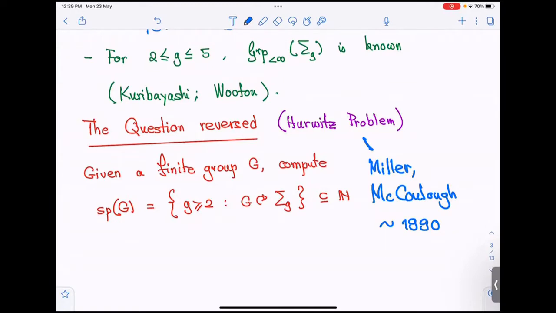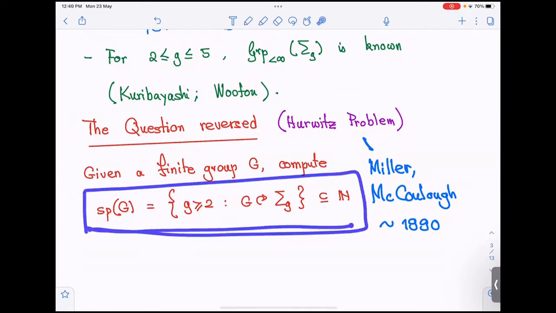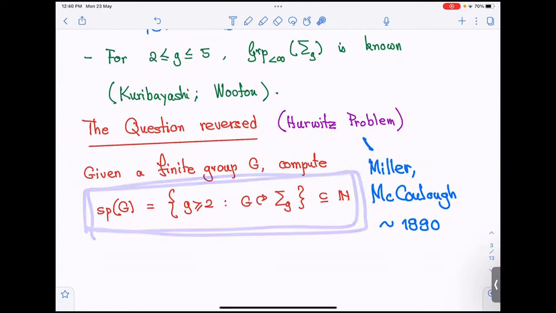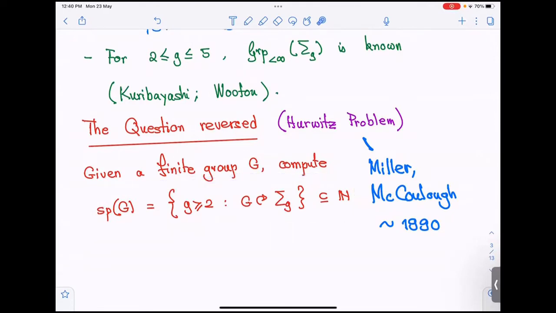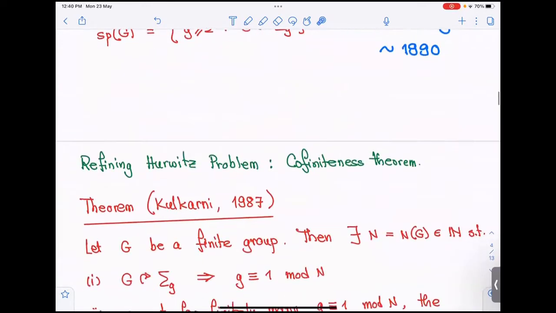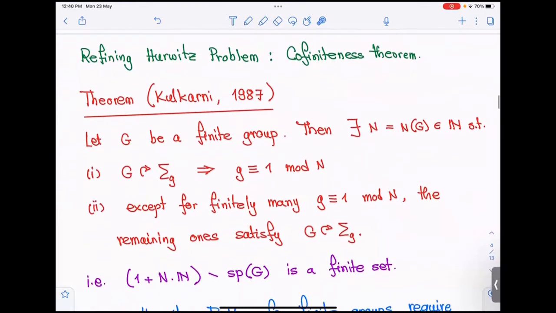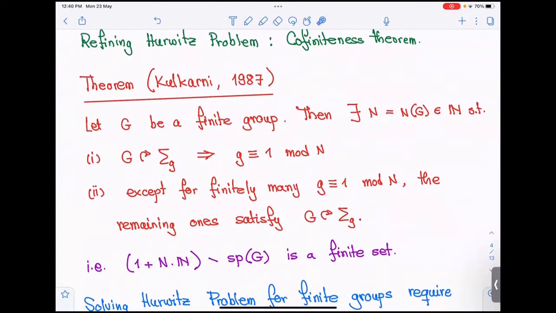So if I try to compute this set for various kinds of finite groups, this is known as the Hurwitz problem. And this gets a bit simpler if I look at the cofinite theorem, which is what I was mentioning in the beginning.